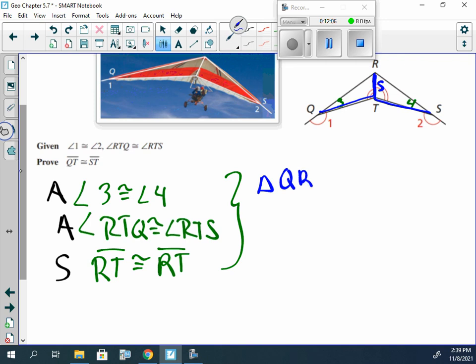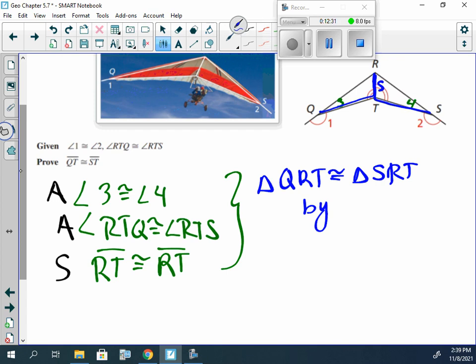QRT or QTR or any way that we want to name that first triangle, that's fine. We just need to match it up with the other. Since we start off with Q, we would go SRT. Now, if you started off with QTR, then STR would be the one that matches it.